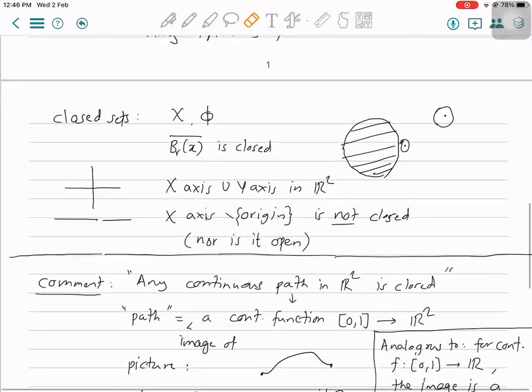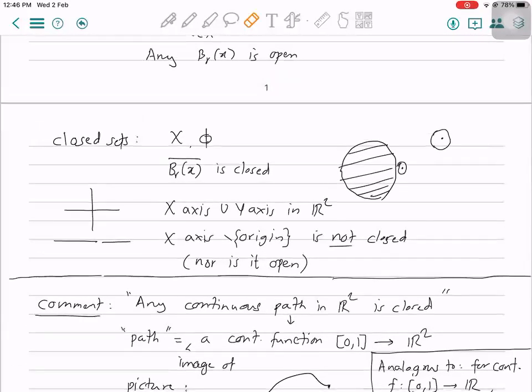We said that any subset of a metric space is itself a metric space, right? Yes, sir. So now look at the space which is the union of the two axes.